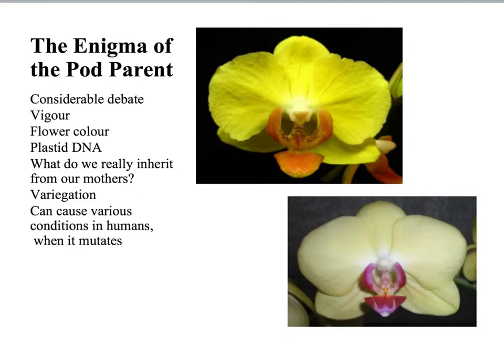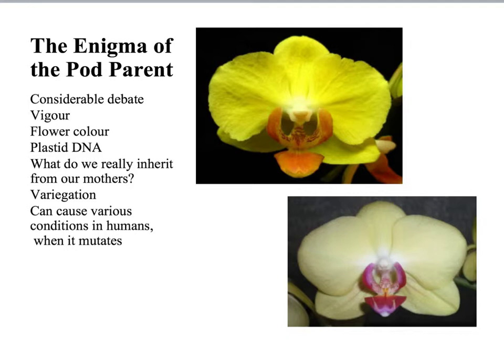This is because the one at the top, the pod parent, as orchid growers would say, had a much better, brighter yellow colour than the pollen parent. If what we would call a reciprocal cross was made, where the pollen from the especially yellow one was put on the ovaries or the stigma of the not particularly yellow one, then you wouldn't get such a good colour.